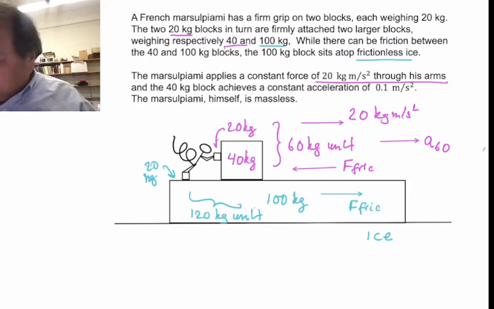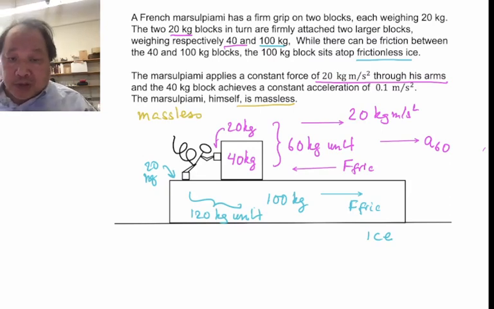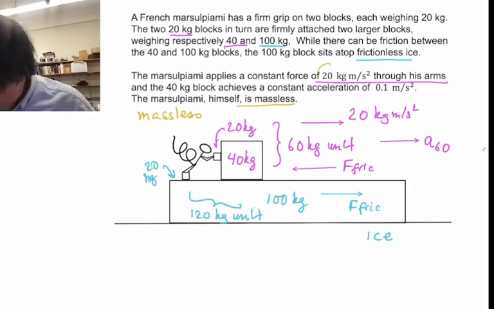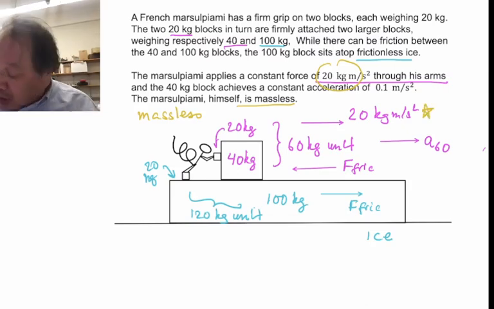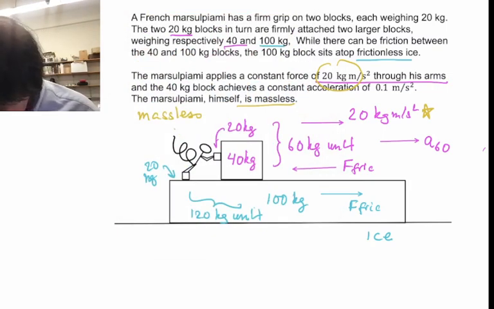And now we can use our language of deformable bodies to figure out the force that the feet are applying. The marsupiami, the deformable part, we're going to consider massless. So what do we know about this massless marsupiami? It is applying a 20 kilogram force, shown here, and therefore by Newton's third law, the massless portion is feeling in the opposite direction a 20 kilograms meters per second squared force.